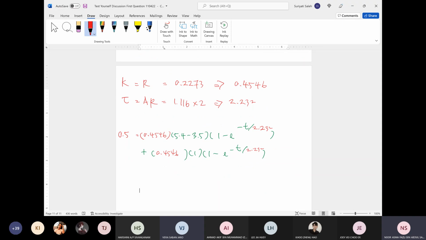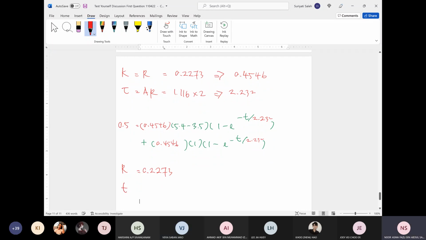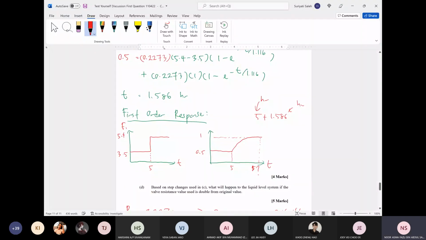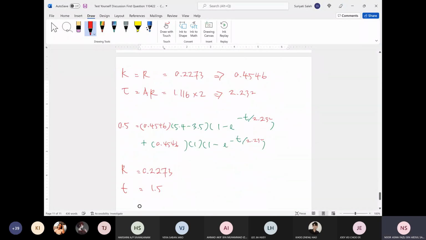Because here I want to compare with the original R value. When R value original, R equal to 0.2273, the time needed is 1.586 to reach 1 meter. So when R is double, how is the time affected? That's why I use the same equation and replace the R value. So in this case, can you calculate the new T for me?